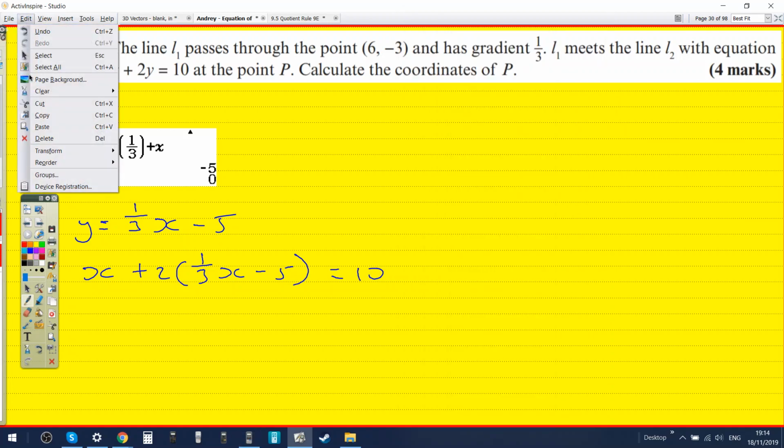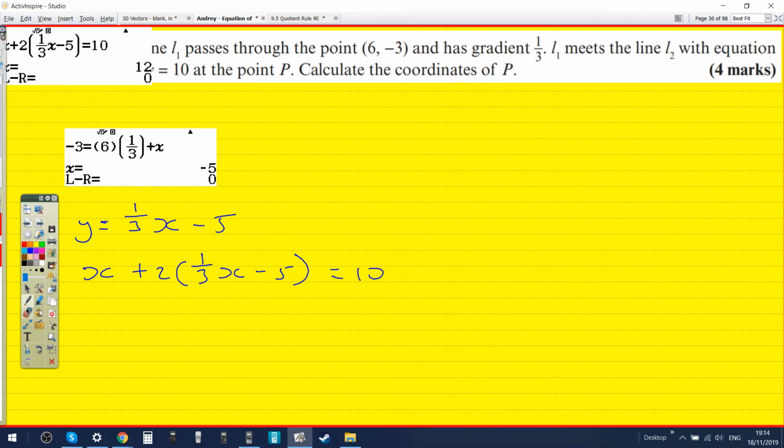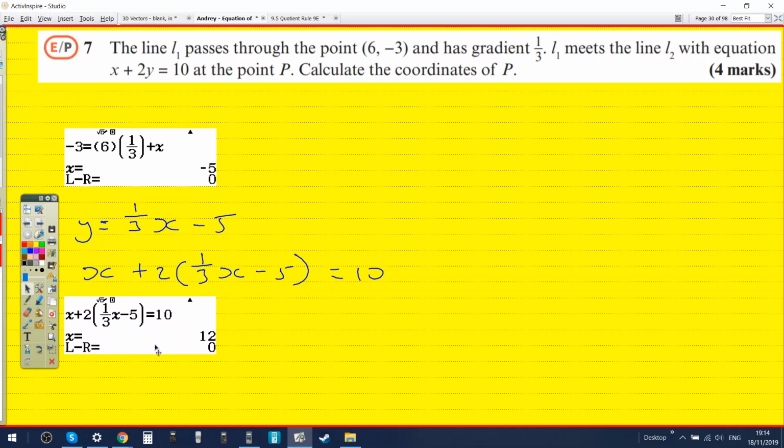So what would you do with that? Or is that it? Is x 15? Why would it be 15? Because I solved it the old way.